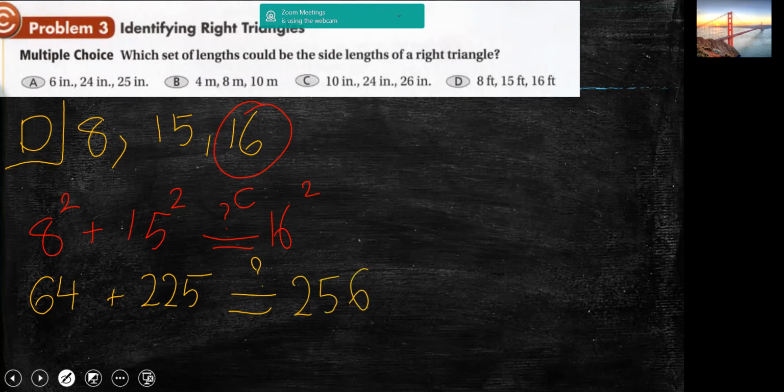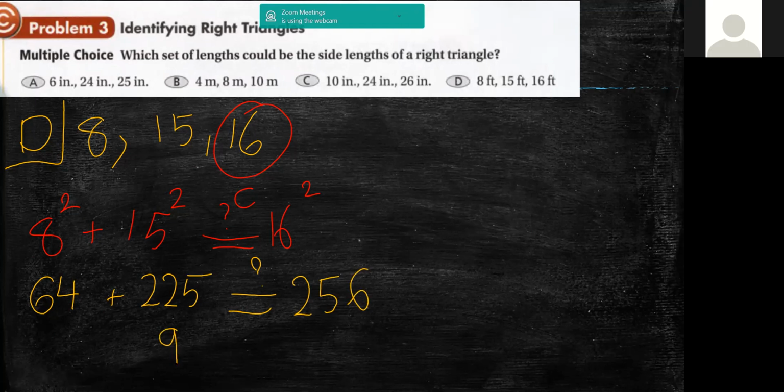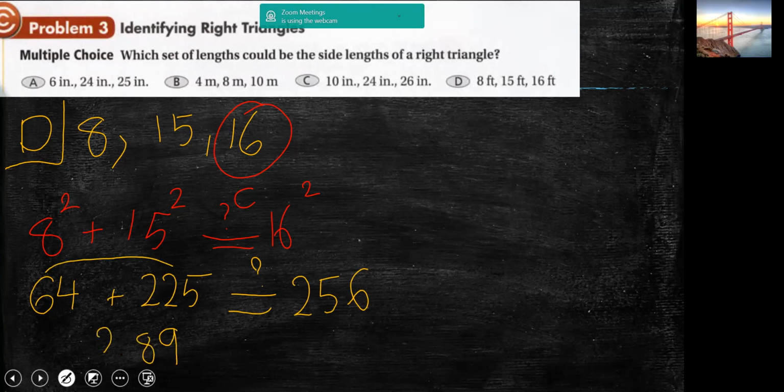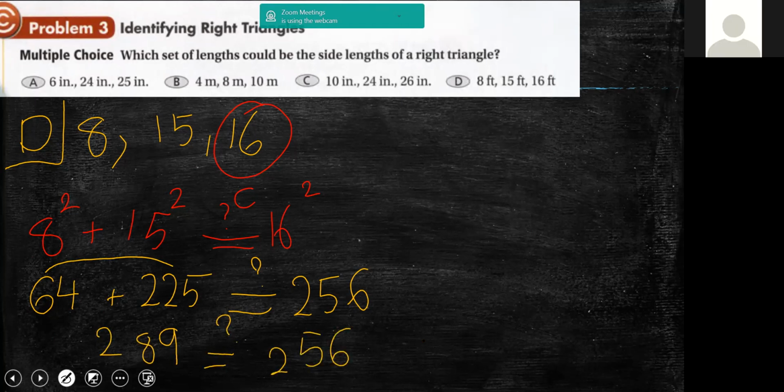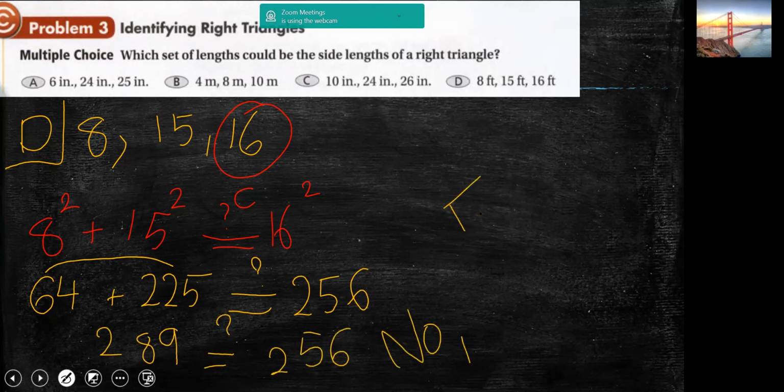Let's see. 5 plus 4, 9. 2 plus 6, 8. And 2 here. Is 228 equal to 256? No. So this is not a right triangle.